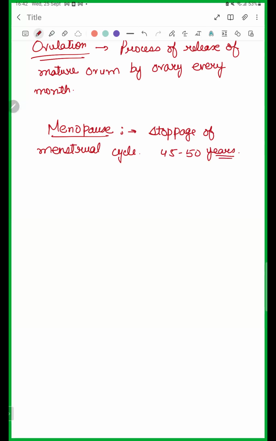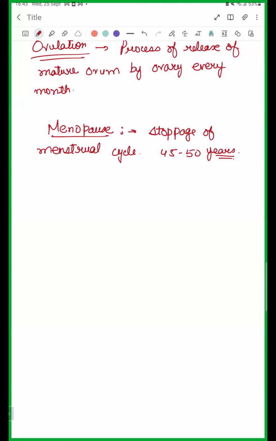Several changes take place in the female body at the time of menarche, and several changes take place even at the time of menopause. It's a complete physical, social, and mental development, because a lot of hormones are causing a lot of changes in the body. You could be asked to differentiate between menopause and menarche. That's quite simple.